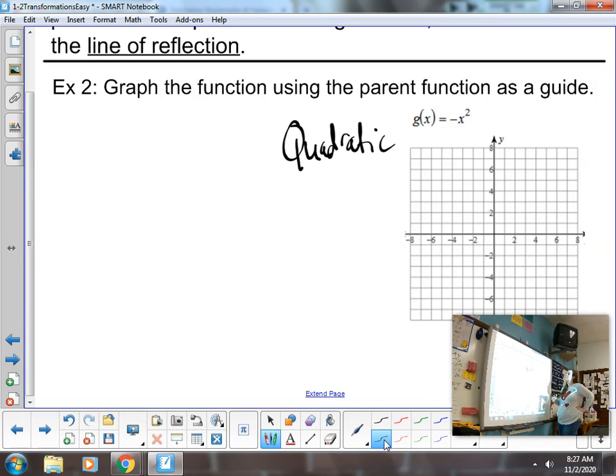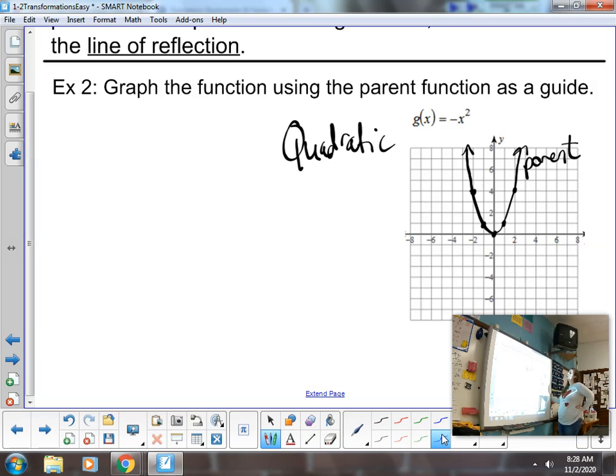And if you recall from the table in the very first video, the graph for the parent function is negative 2, 4, negative 1, 1, 0, 0, 1, 1, 2, 4. So that is my parent.